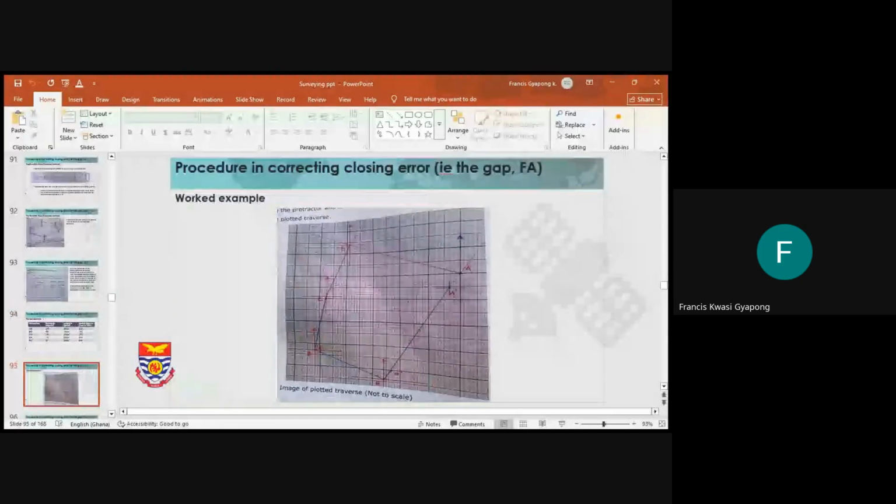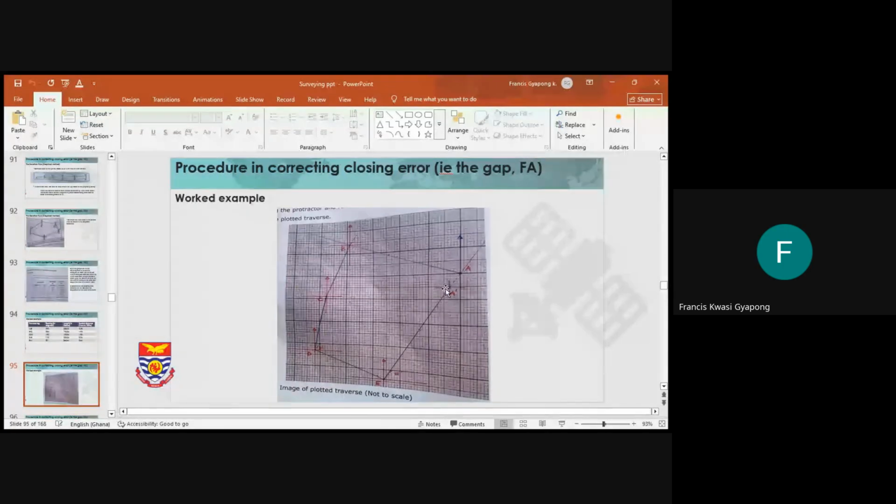The data that we have is going to give us something of this nature. Now you see the error of closure here. It started from A, went to B over there, came to C here, D, E, and then you should have gone back straight to A. But it didn't end there.